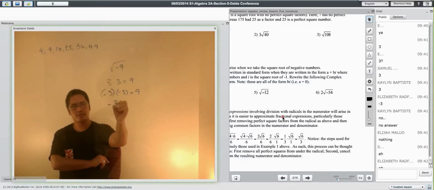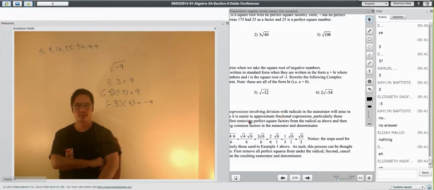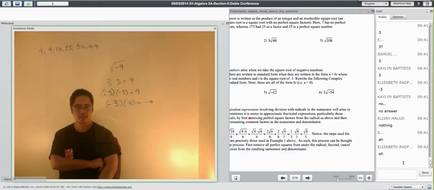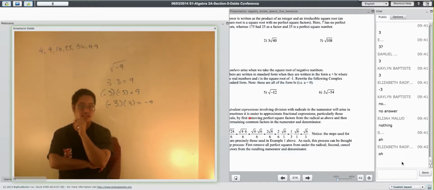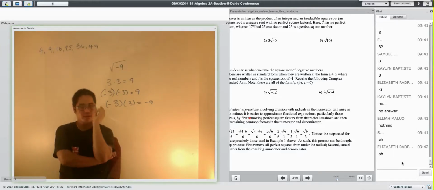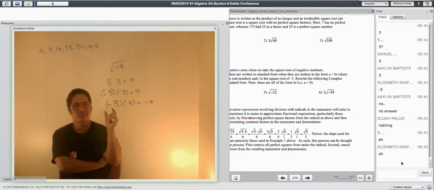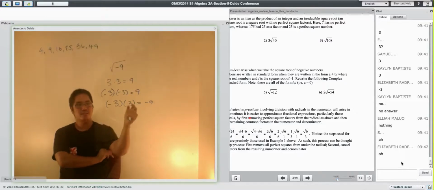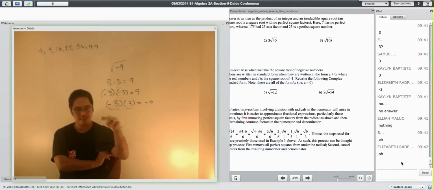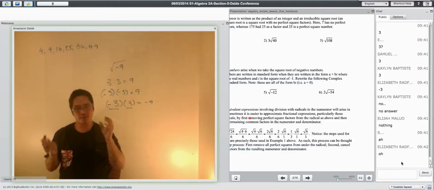What if I multiply -3 times +3? Oh, okay, then I'll get -9. Right? I'm like, wait, isn't that an answer? My answer is no. My question that I ask is, what times itself is equal to -9? Now, -3 times +3, those aren't itself. You're not multiplying the same thing together. You're multiplying two different numbers together to make -9.